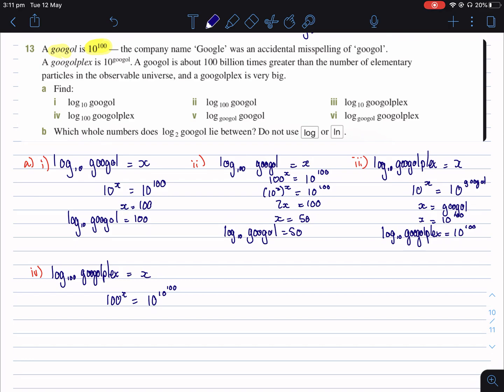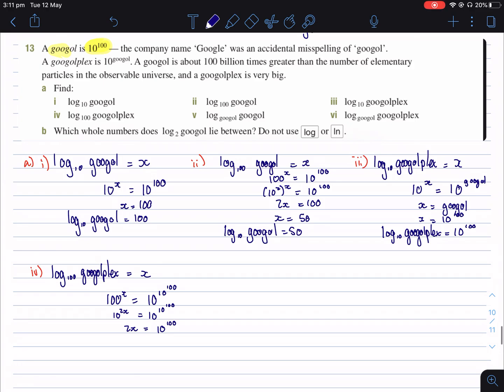So this is 10 to the 2x, because 10 squared to the x is 10 to the 2x, equals 10 to the 10 to the 100. So 2x equals 10 to the 100. So x equals 10 to the 100 over 2, which is not just 5 to the 100. So we're just going to leave it like that.